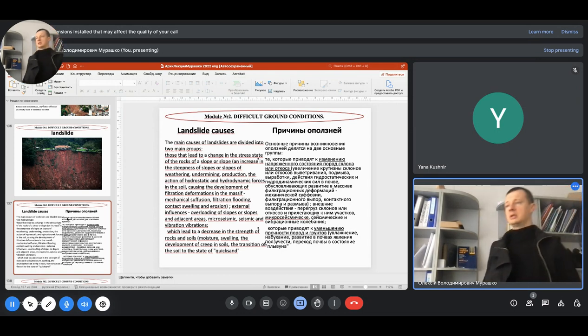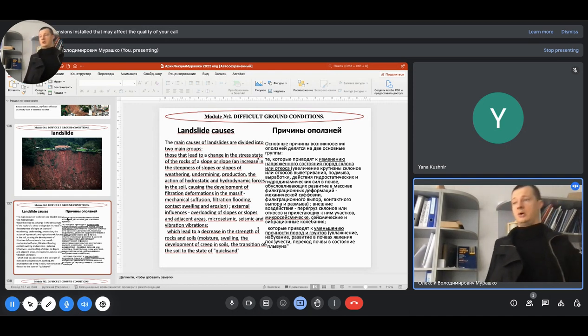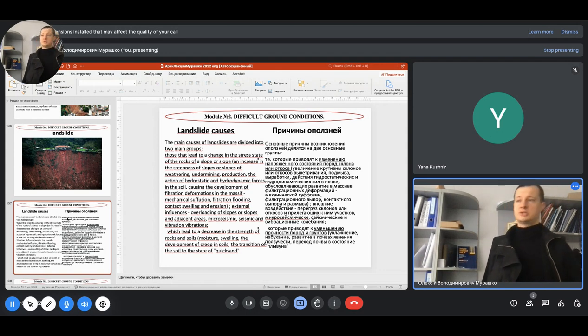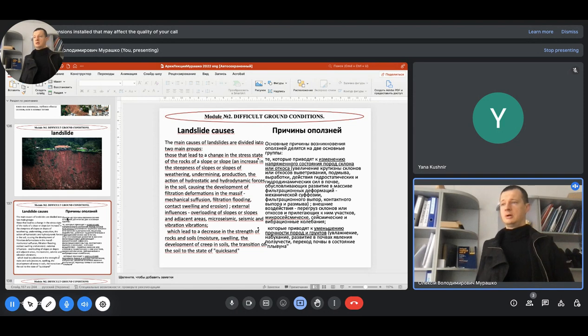And the next significant group leads to a decrease of the strength of the rock, and those strength reductions can be connected with moisture or other strength reduction causes.